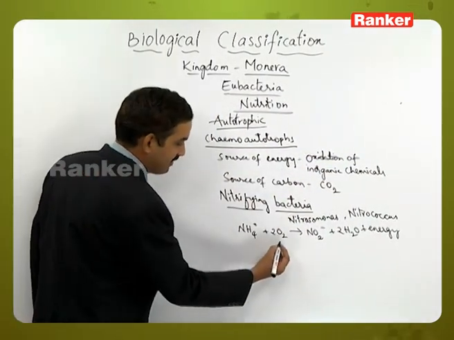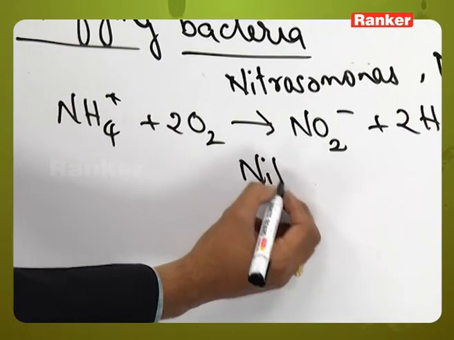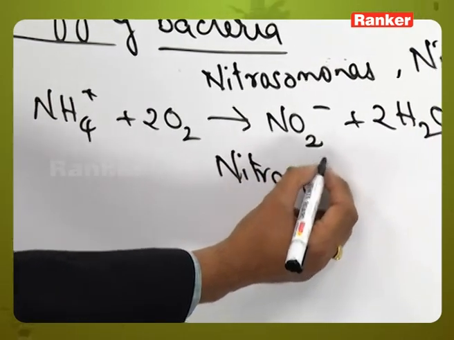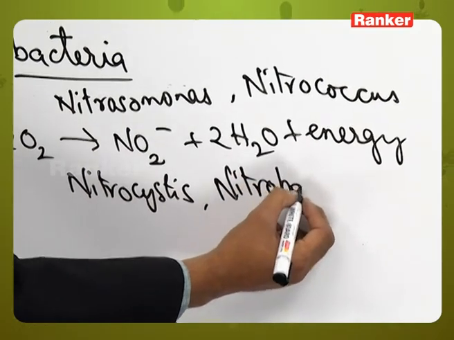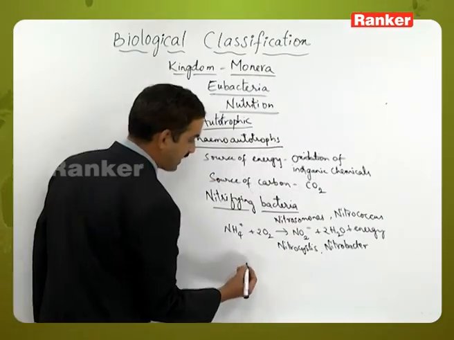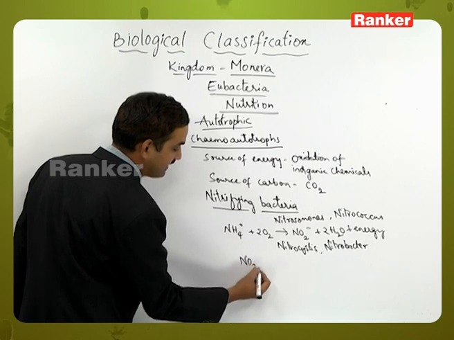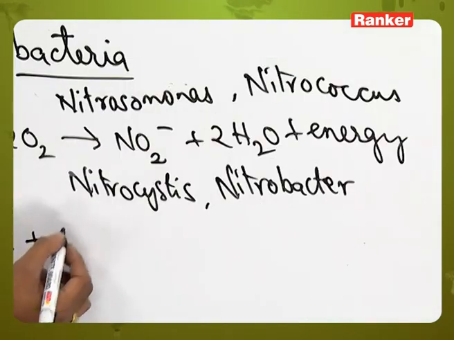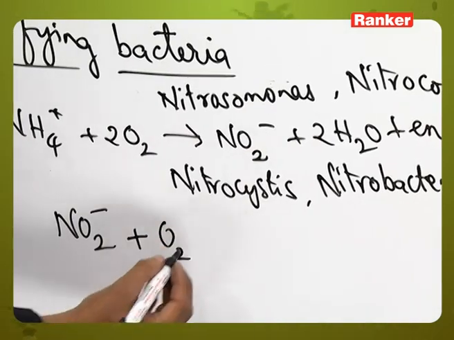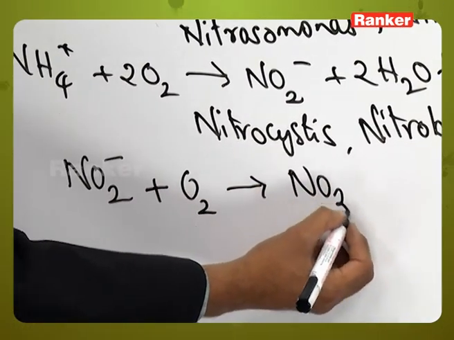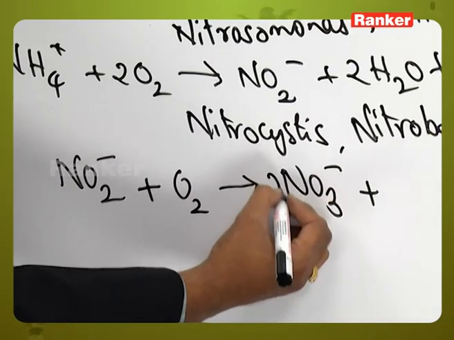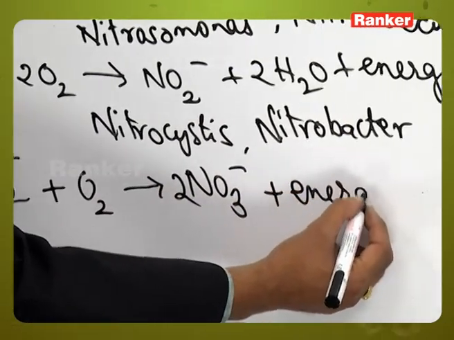And other nitrifying bacteria are the Nitrocystis and Nitrobacter. These are the bacteria which will oxidize the nitrite further into nitrate molecule by releasing some energy.